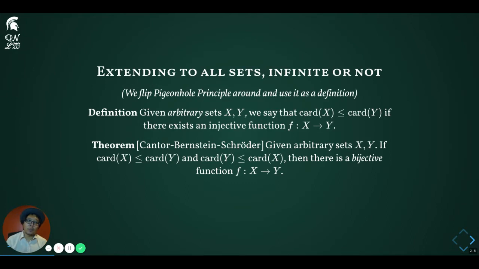And this corresponds with our intuitive notion of X and Y being of exactly the same size. Thus, the CBS theorem says that if the cardinality comparison works both ways, then we can actually be pretty confident that X and Y have the same size.